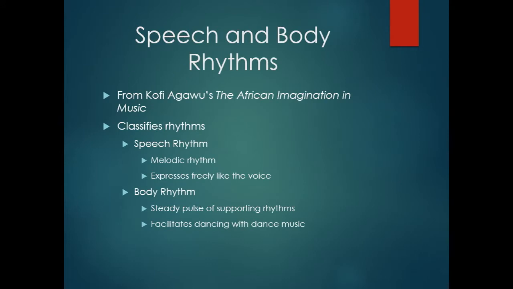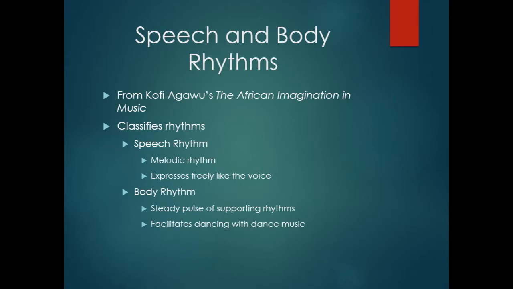Another concept to help describe the execution of these rhythms is the concept of speech and body rhythms. Speech and body rhythms comes from Kofi Agawu's The African Imagination and Music. So he uses this to classify rhythms. So a speech rhythm would relate to a melody that can fluctuate and express freely like the voice expresses.